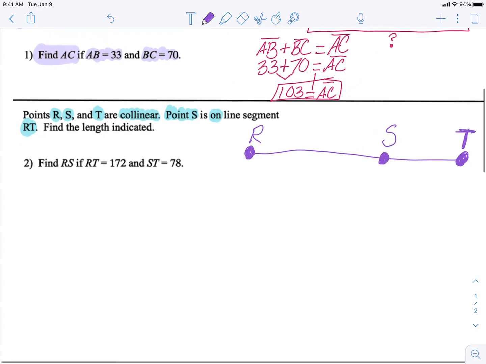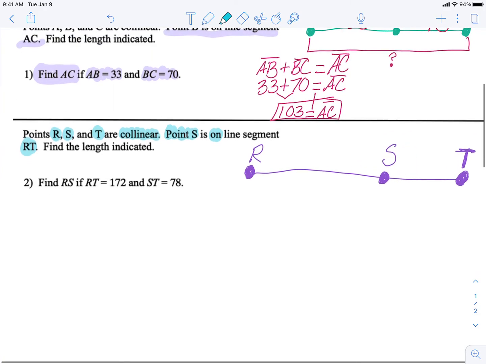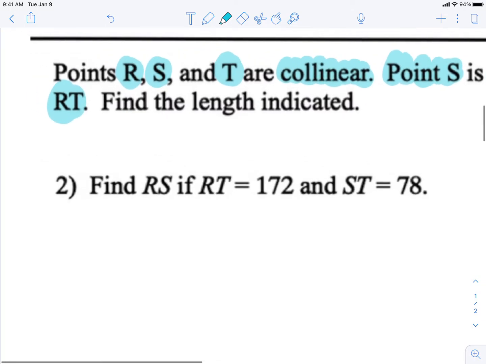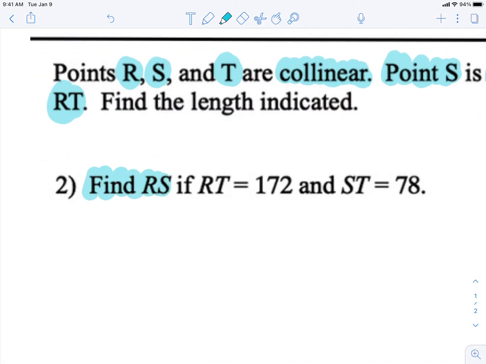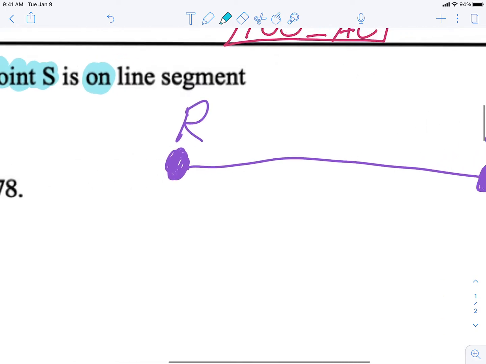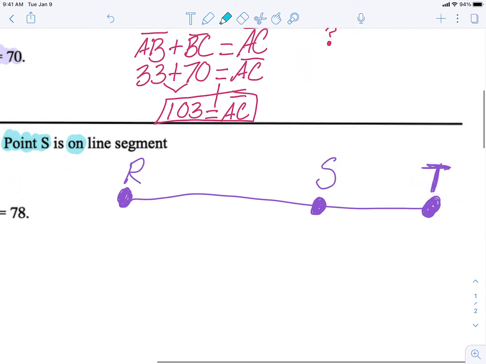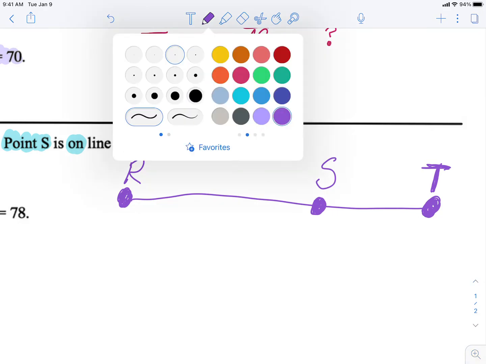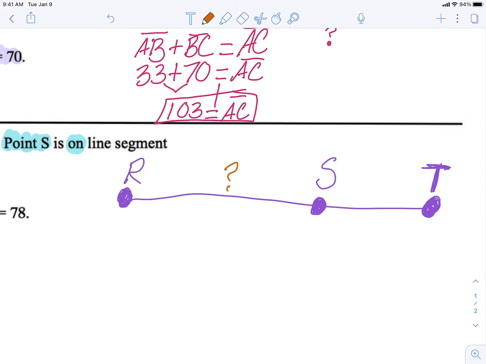So let's find out what we have. First it says find RS. So RS is what's missing. From R to S, this is what's missing here. So this is where I'm going to put a question mark. Actually, let me change that color. This is where the question mark is.